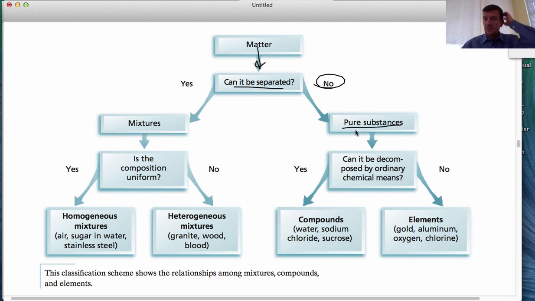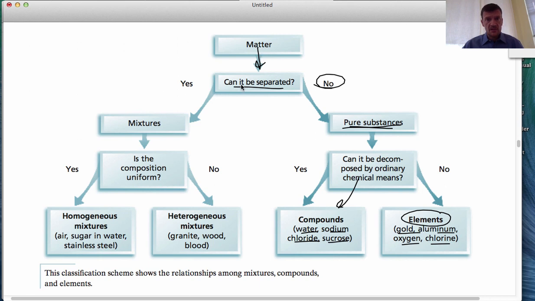And if it's a pure substance, can it be decomposed into something simpler? If it cannot be decomposed or broken down anymore, then it's already an element, like gold, aluminum, oxygen, chlorine. If it can be decomposed and broken down into elements, then they would be categorized as compounds, like water, sodium chloride, or sugar.